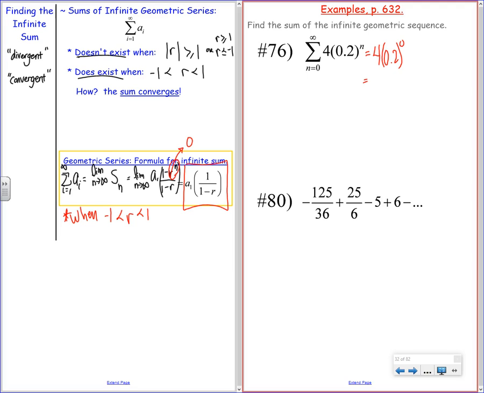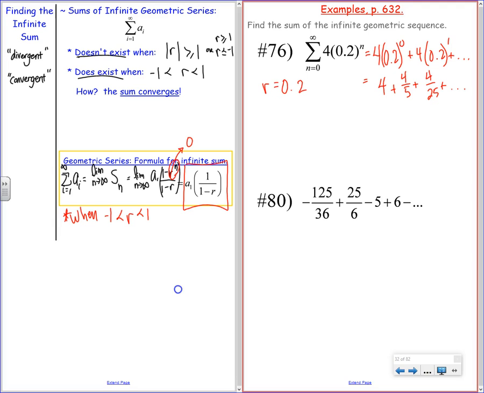So 4 times 1 is 4. What's the next guy going to be? It's going to be 4 times 2/10, 1/5, so 4/5. The next one will be 4/5 times 1/5, so 4/25. We keep going, but pretty quickly, hopefully you see it is geometric because every time you're multiplying by an extra 1/5 or an extra 0.2.